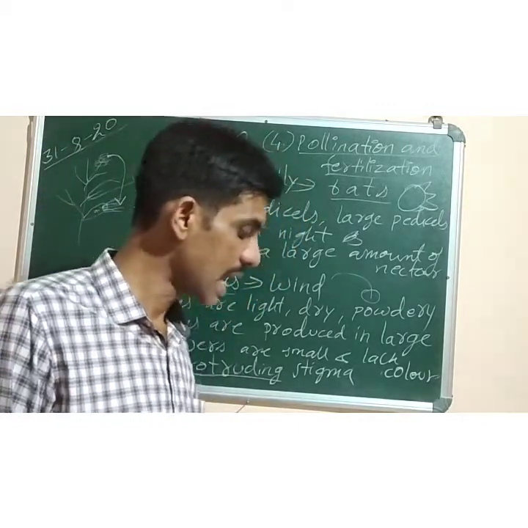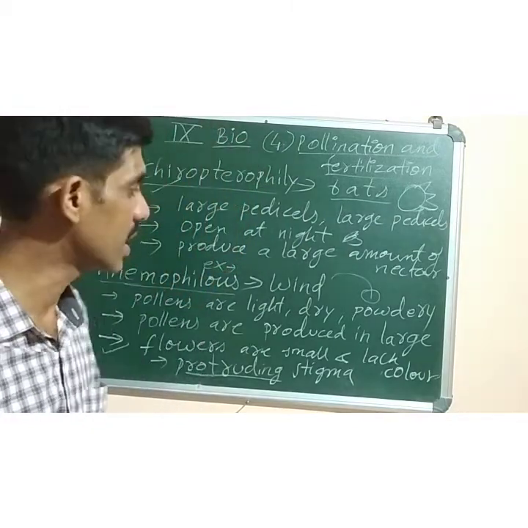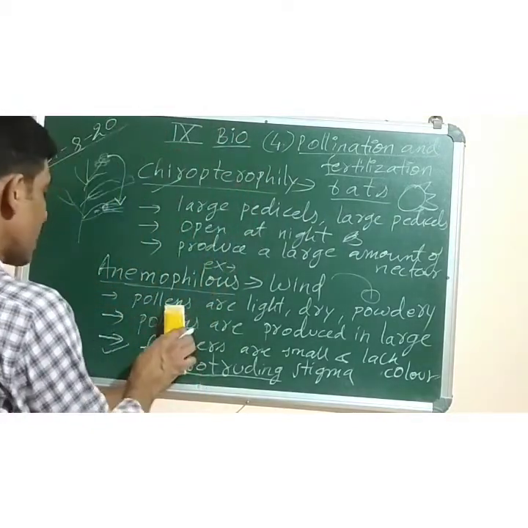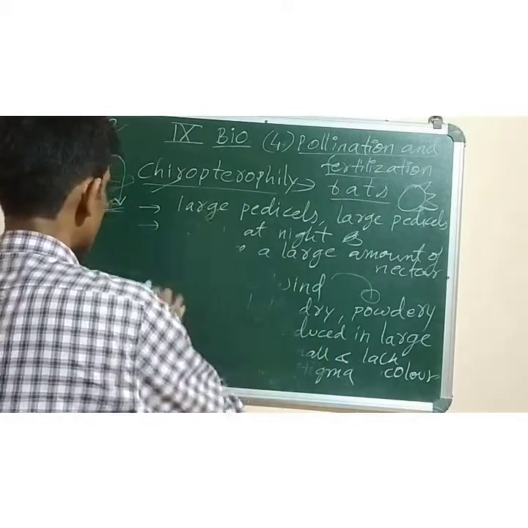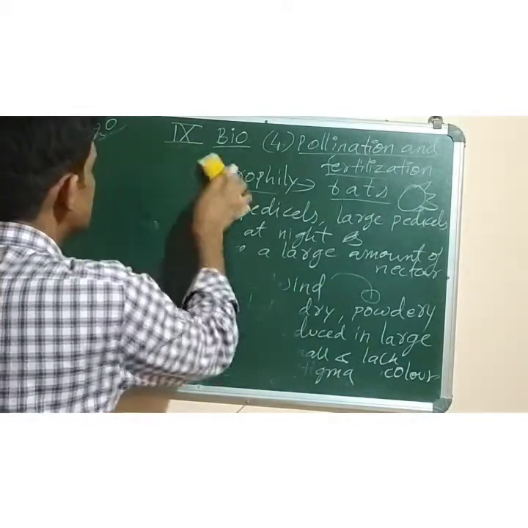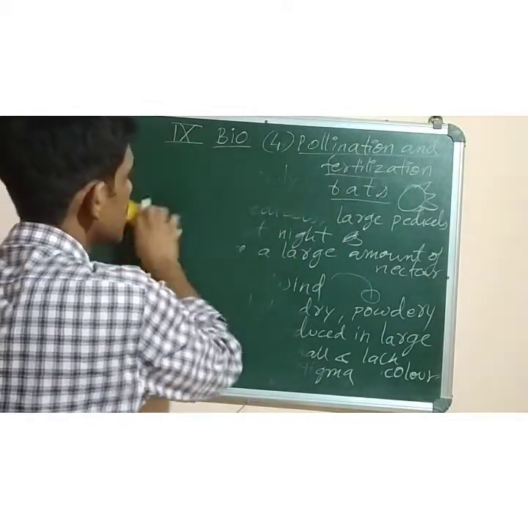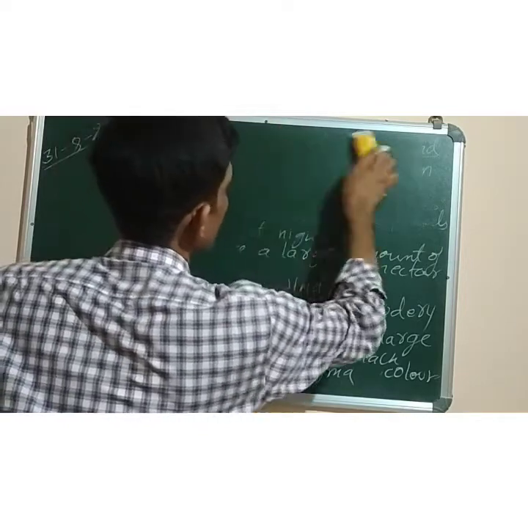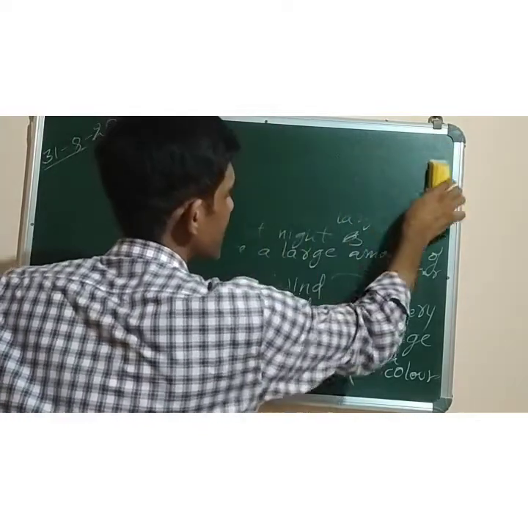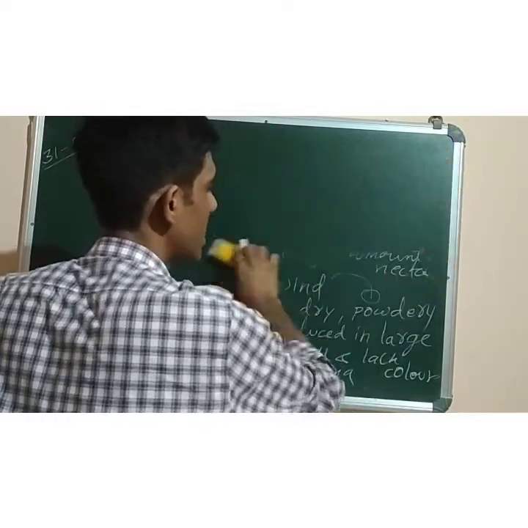Now last one is hydrophily or pollination by water. You know that some flowers are found growing in water, some plants do grow in water, they are aquatic plants. So in those plants that grow in water, the pollen grains are transferred with the help of water current.